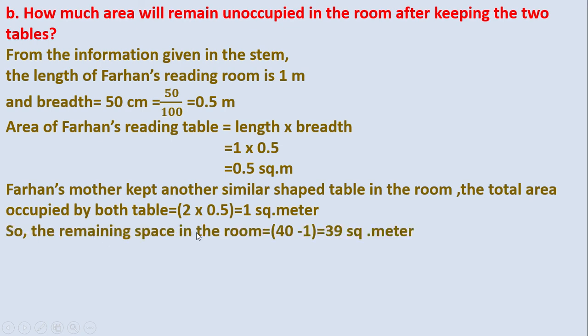So the remaining space in the room, the area of the room is 40 square meter, and the area occupied by those two tables equal to 1 square meter. So remaining space, that is unoccupied, equal to 40 minus 1, that is equal to 39 square meter. Is it clear, students?